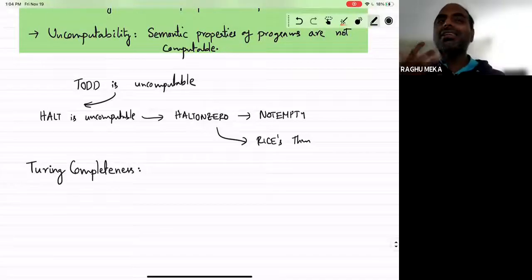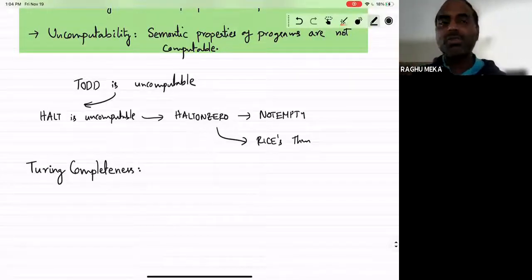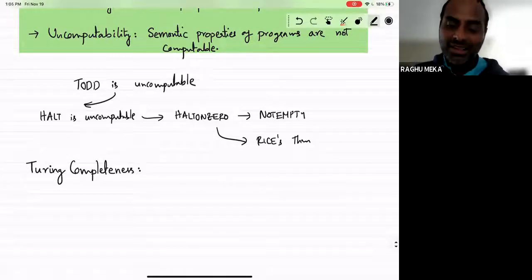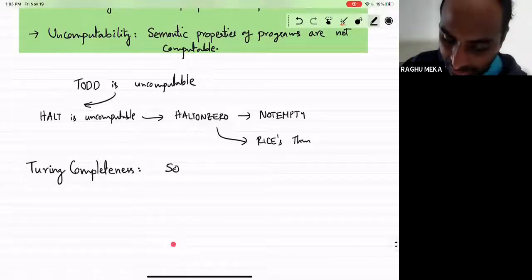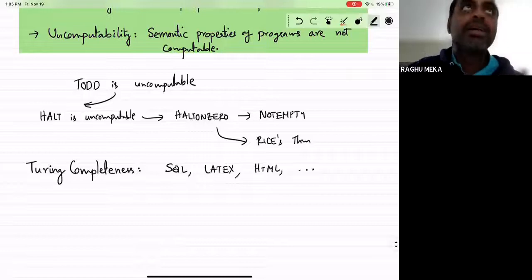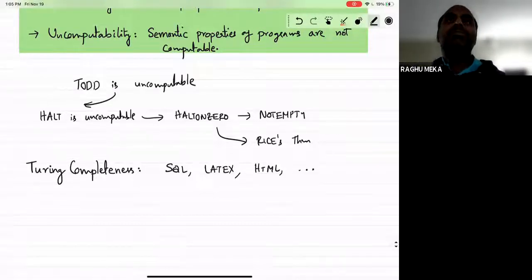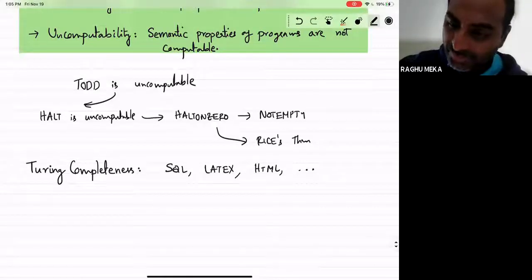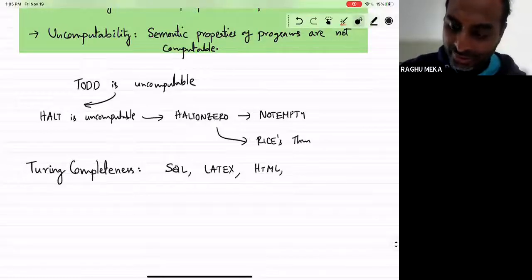Right? You can try and come up with restricted languages, models of computation, but more often than not, they become Turing complete.